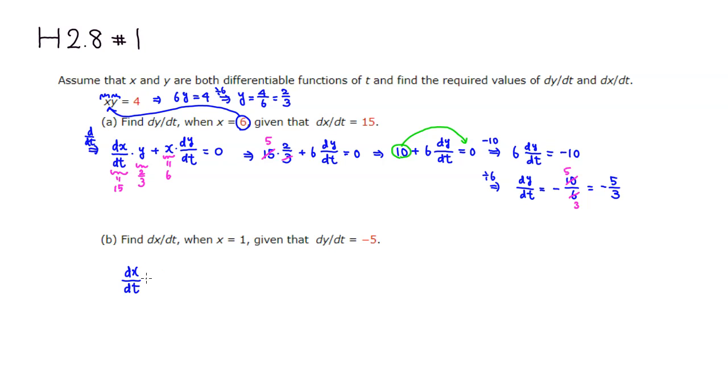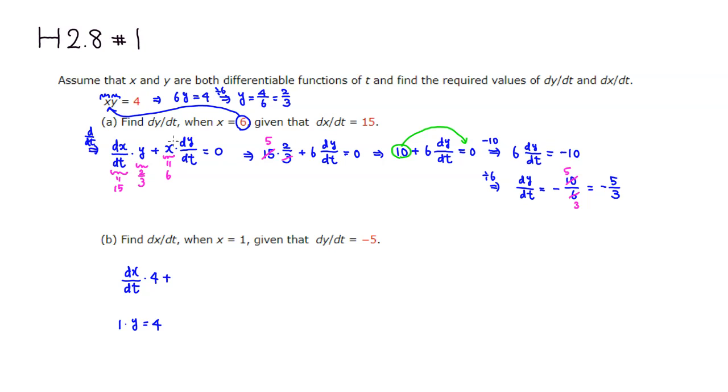We need to find y, but x is equal to 1, so you can plug it into the equation. If you plug in 1 times y is equal to 4, that means y is equal to 4. So I'm going to plug it in.